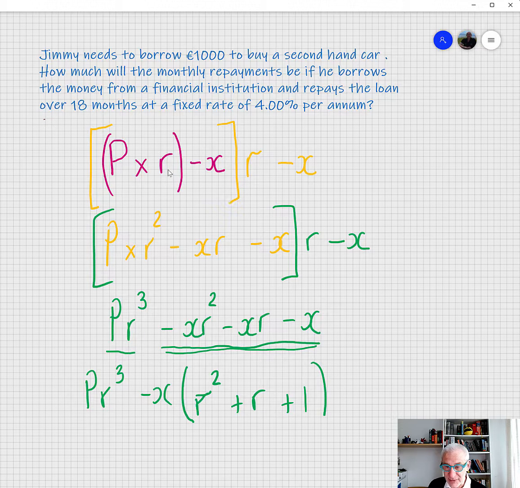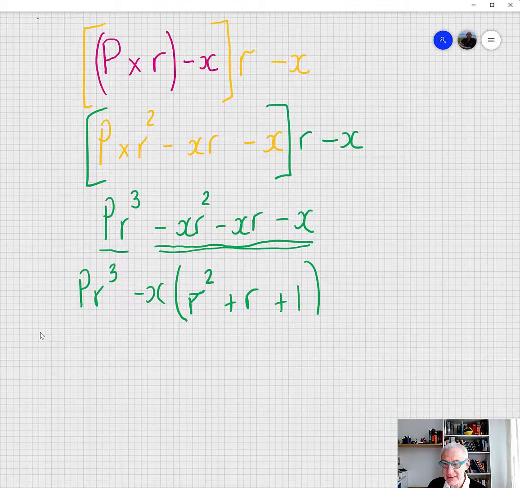Next step, I'll move up my board a little bit so we can see what happens. The bit inside the brackets is the sum of a geometric series where the smallest term is a 1. So we could take this bit inside the bracket and replace it with the formula for the sum of a geometric series.